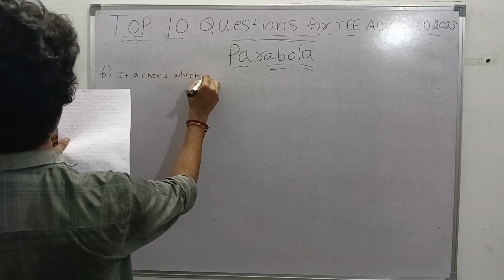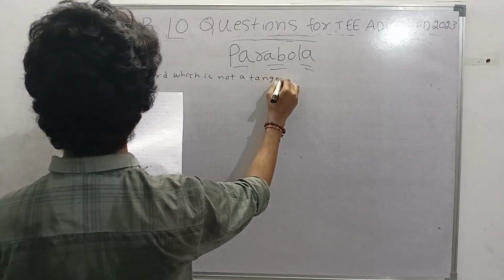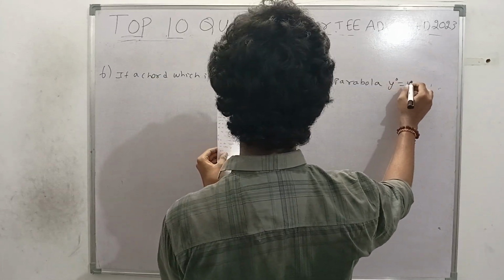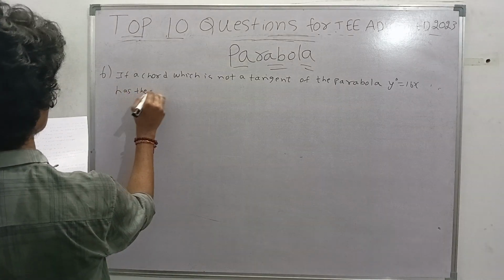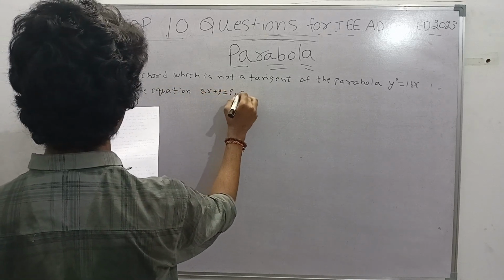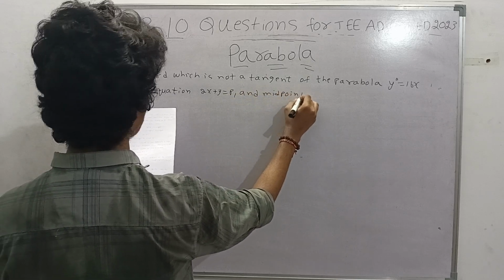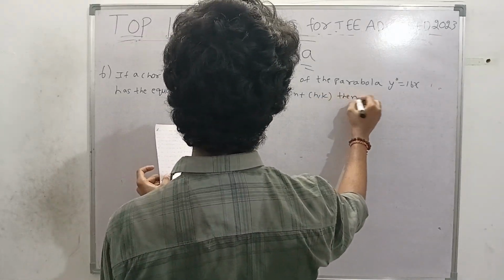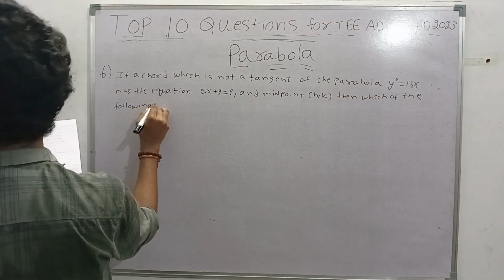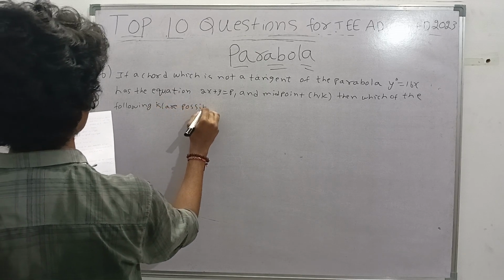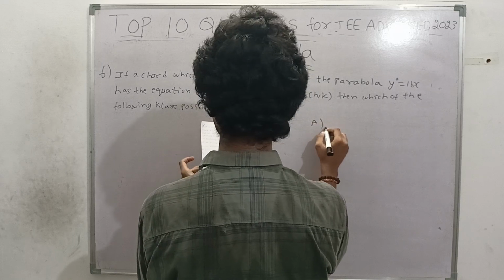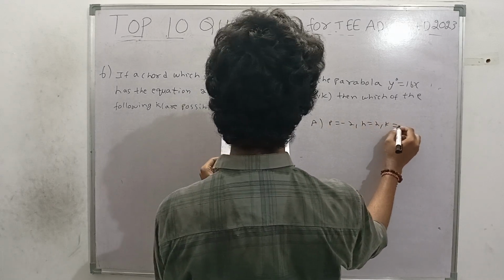If a chord which is not a tangent of the parabola y square equal to 16x has the equation 2x plus y equal to p and midpoint h comma k, then which of the following is a possible value of p, h, k? The options are: option A, p equal to minus 2, h equal to 2, k equal to minus 4.